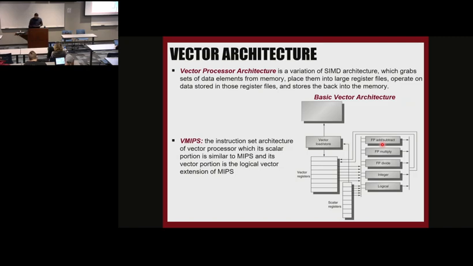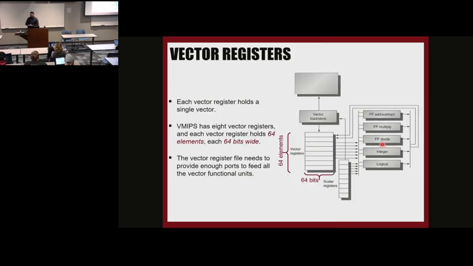So now let's start with the first block, which is the vector registers. Looking at this architecture, these are the scalar registers. We already know about them. These are the 32 floating point and 32 integer registers that we covered in the MIPS. The vector registers are here, and in the VMIPS architecture we usually have 64 elements, or 64 registers.